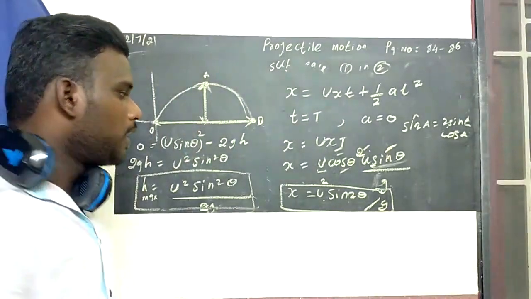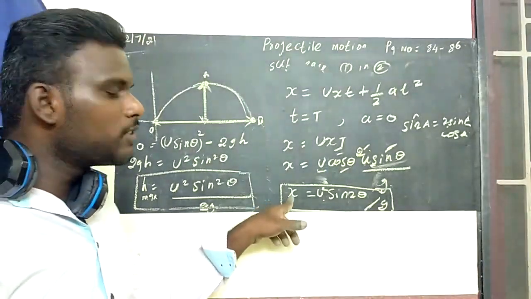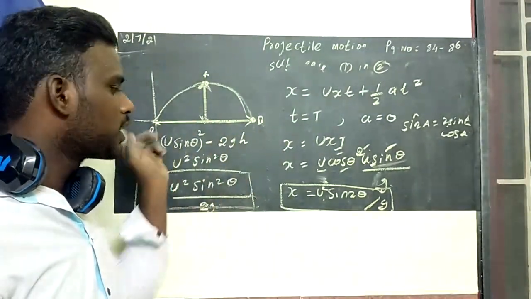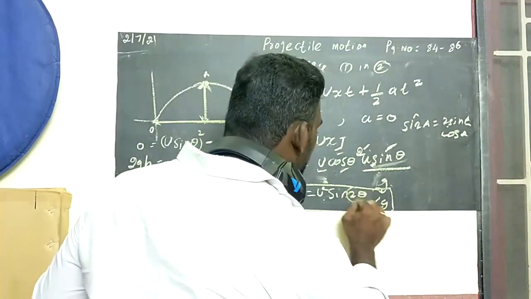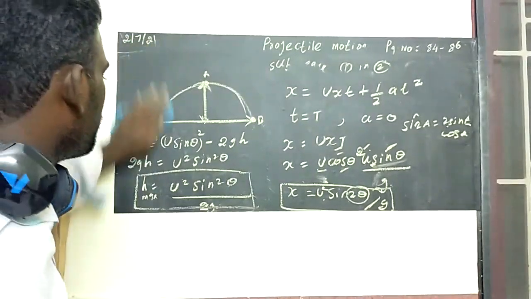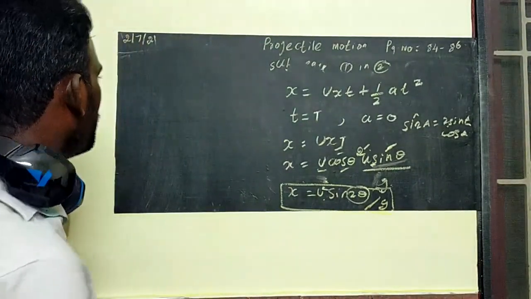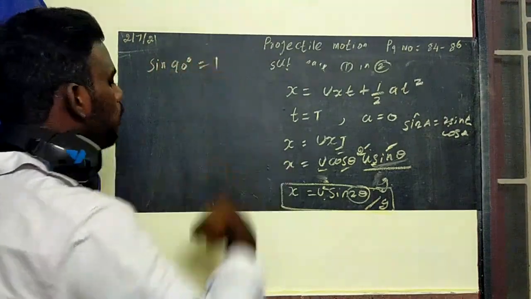It is u square by g. Is that clear? And when will x be maximum, when will the horizontal range be maximum? It depends on theta. When sine gets its maximum value, when sine 90 degree, the value will be 1.